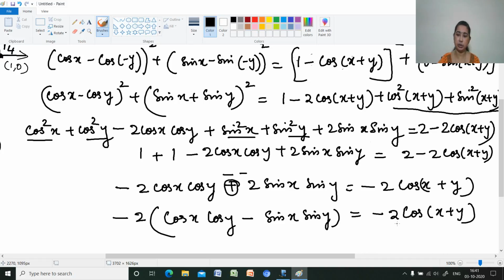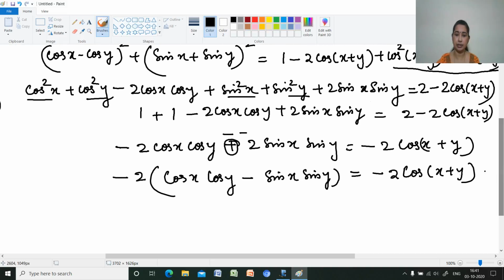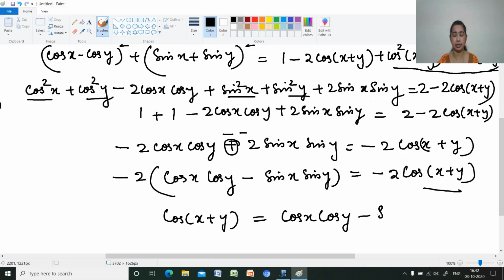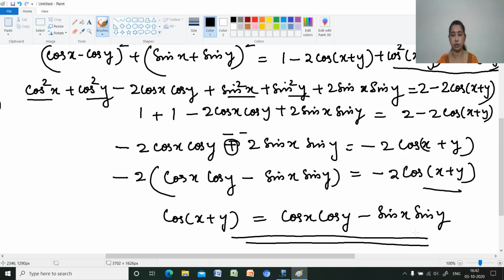Minus 2 is common on both sides, so it cancels, and remaining we get cos of x plus y equal to cos x cos y minus sin x sin y. So that is the first result which you have to study.